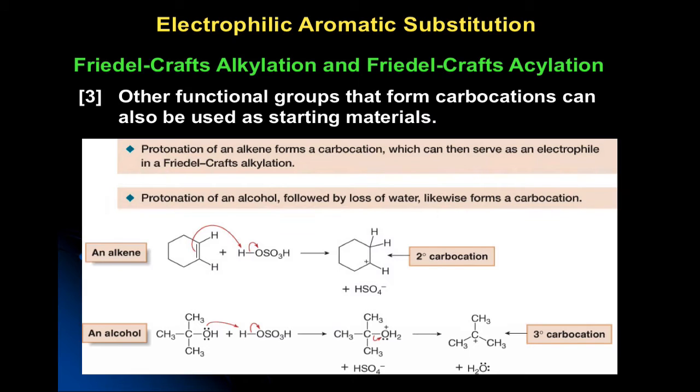Other functional groups can be used as starting materials. Anything that can form a carbocation is technically fair game. If we take an alkene and sulfuric acid, we get a carbocation. In this case, it's a secondary carbocation. So Obry could take benzene and this cyclohexene, add sulfuric acid to it, and what would his product be? That's right.